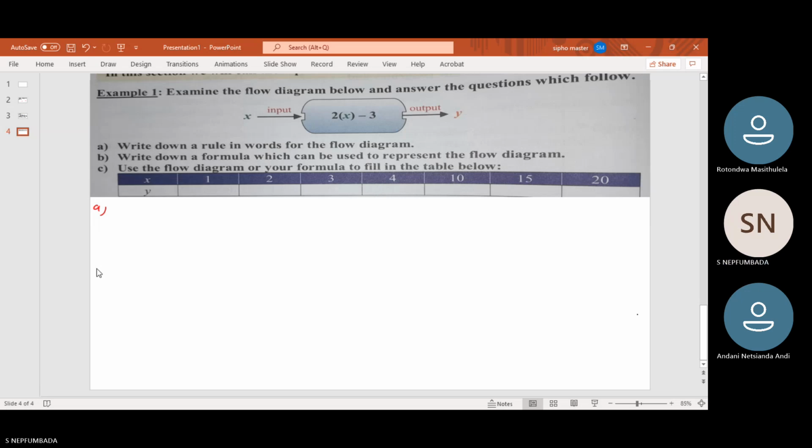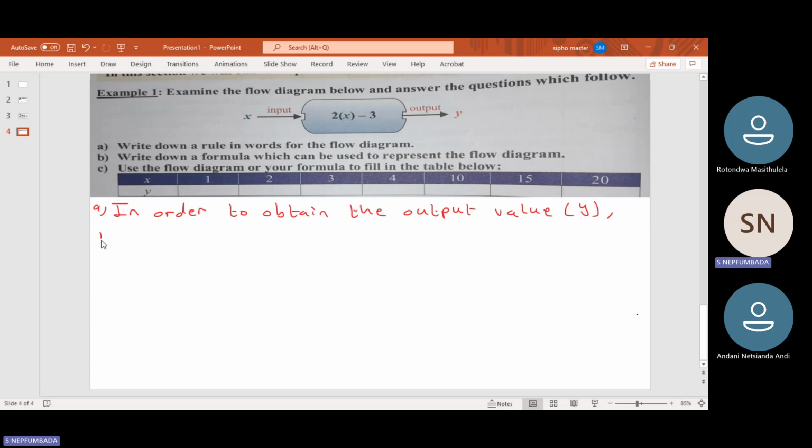If we look at our diagram, we can see that in order to obtain the output, which is the y value, what must we do?